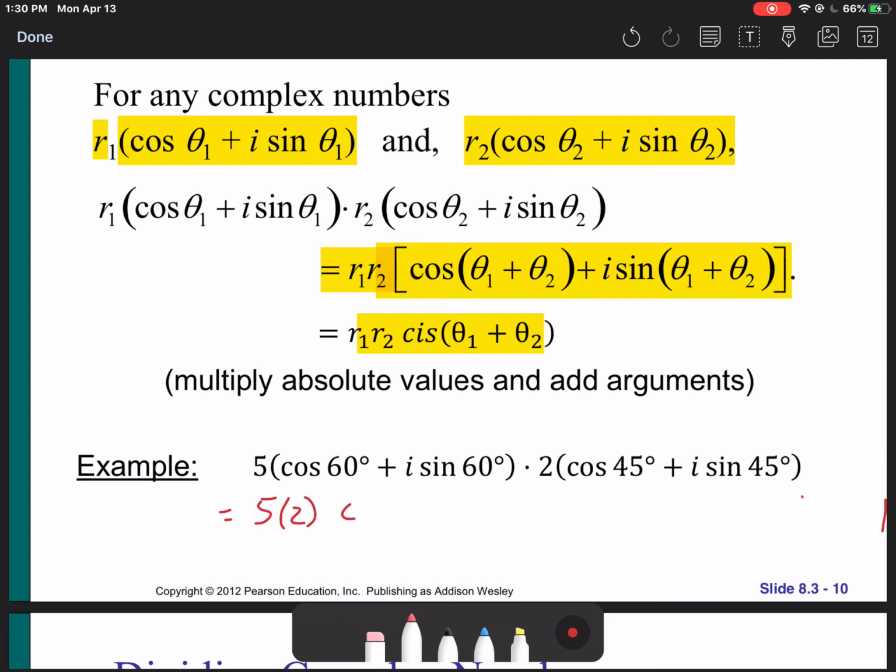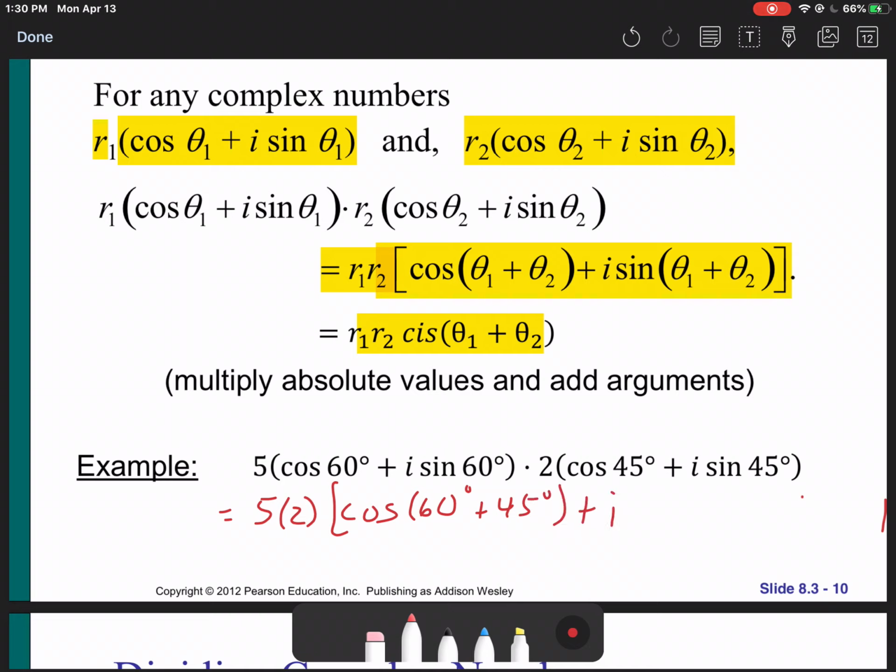And then the cosine plus I sine. I think I'll write this out a couple times just to remind us. Cosine plus I sine of the sum of the angles, 60 degrees and 45 degrees in this case.